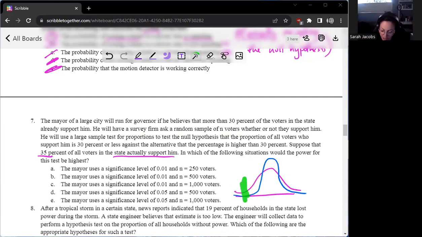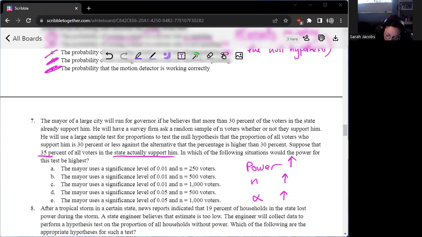This outward case is less likely in the blue with a bigger sample size. So you're more likely to reject the null, therefore giving it more power. So as the sample size goes up, and alpha goes up, all of those things will make power increase. This is also the probability of a type 1 error increasing, but sometimes we're okay with that.